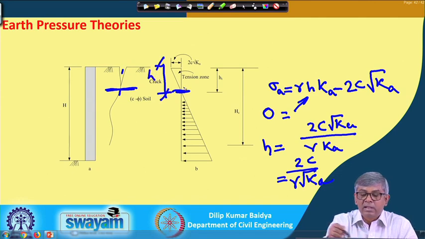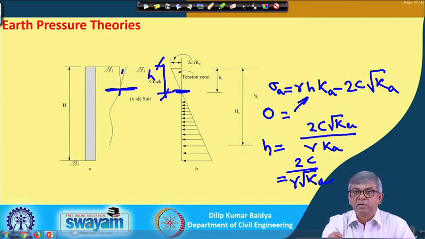I have expressed the general expression for sigma, or lateral pressure, and I equate this to 0 because I have assumed that at depth h it becomes 0.